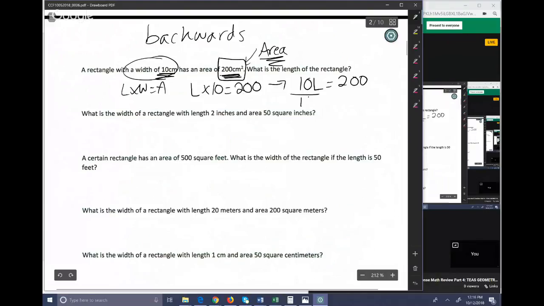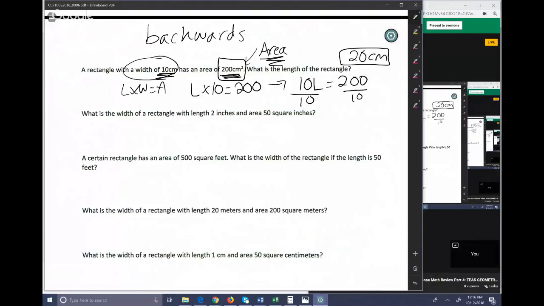So then we just divide by 10, and then you have 200 divided by 10, and that's going to give you 20. And then you're going to need to answer this in centimeters, not square centimeters, because this answer is not an area. It is a length of something, width of something.